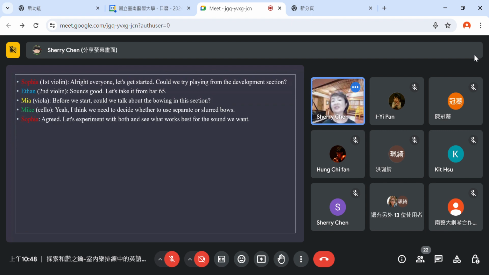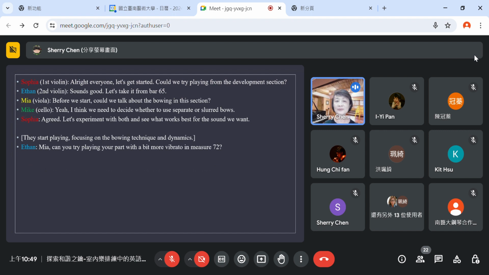Sophia is very democratic. She didn't say let's use slurs or separate bows; she said let's experiment with both and see which gives the sound we want. Again, a very democratic rehearsal process. They start playing, focusing on the bowing technique and dynamics.